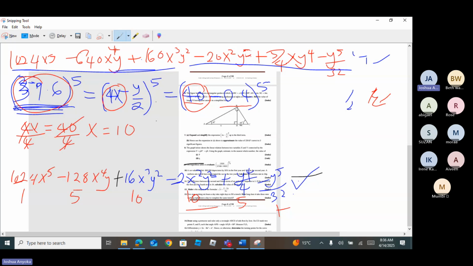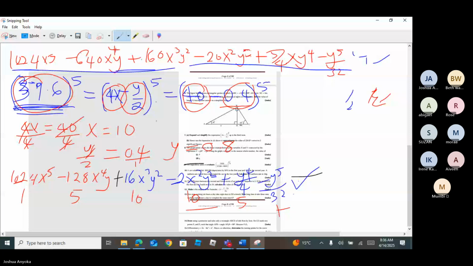We also equate the second term to the second term. Our second term is y over 2. Y over 2 is equal to 0.4. Cross multiply. So y is equal to 0.8.